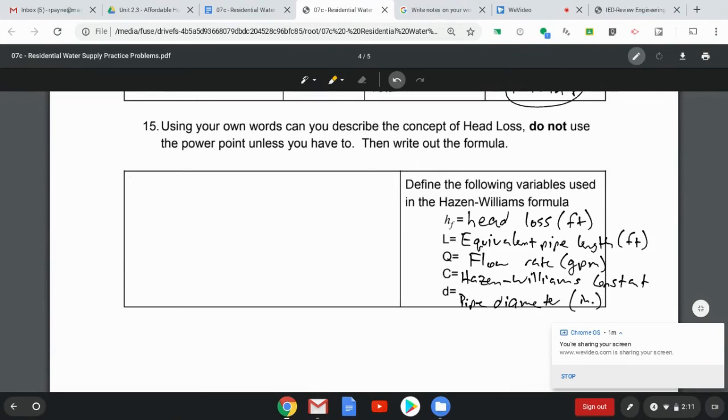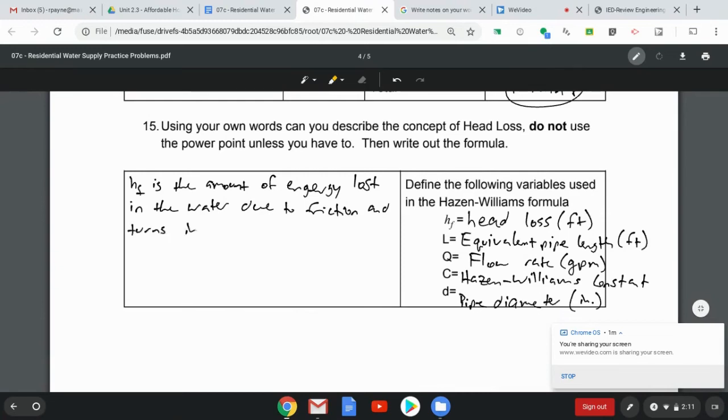So the concept of head loss, H sub F, is the amount of energy lost in the water due to friction and turns in the pipe from the source to the destination.